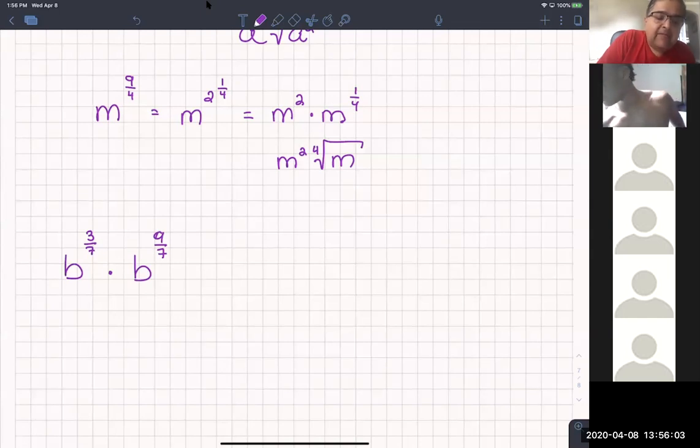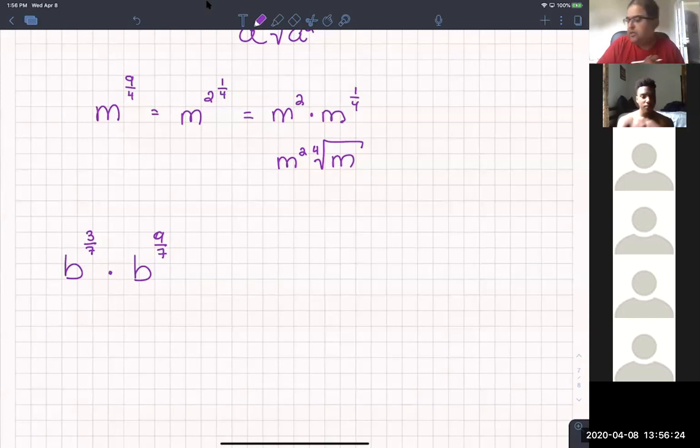Now, when I have two exponentials multiplied together, both with the same base, what do I do with my exponents? Do y'all remember the rules? What do I do with my exponents when I have multiplication with exponents? Add. Add the exponents. Good. Don't forget your exponent rules, guys. The power rule, the product rule, and all that other stuff.